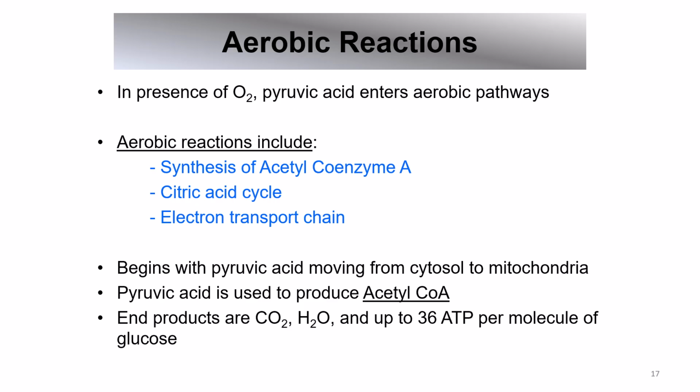If there is oxygen, then pyruvic acid or the pyruvates go into the next steps. There's an intermediate step of when pyruvate turns to acetyl-CoA. I'll show you on the next picture. But then the next major step is going to be the citric acid cycle. And then the last one is the electron transport chain. And so in the intermediate step, pyruvic acid is used to produce acetyl-CoA.